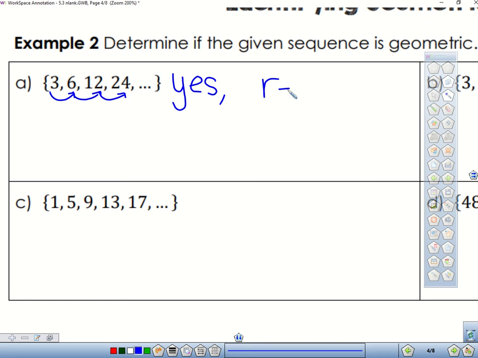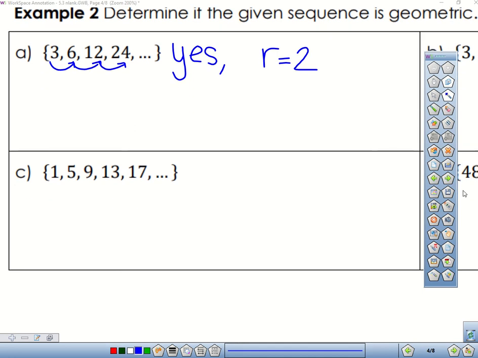Good. We're multiplying by 2 each time. So yes, it is a geometric sequence because it has a common ratio. It's not enough to just check the first number. You have to check the next term, because you could see that you went from 3 to 6 and think you multiplied by 2, but then the next term goes to 10 or something. So you always have to check at least the next pair to make sure it's really being multiplied by 2 every time.